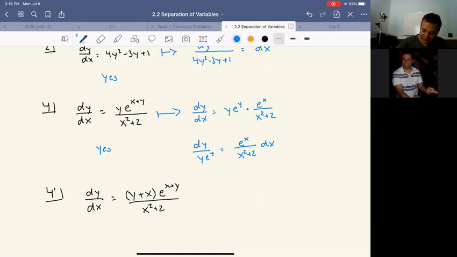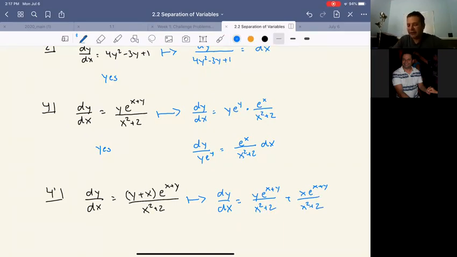Let's see what we can do. This is what happens when I go off script. But I can't really just put all of the y's on one side and all of the x's on one side. Okay, I can't do it, not with this multiplication. So this is not separable.